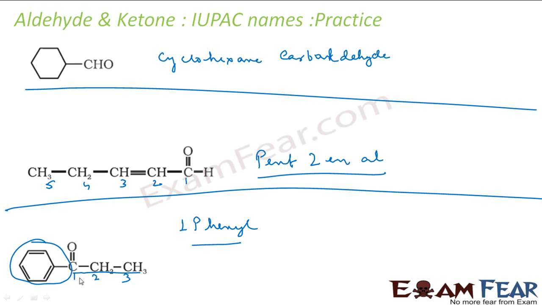Then meth, prop, and then at 1 position I have the one group. So it's all single bond. Propan-1-one. Please note, prop is for 3 carbons, ane for all single bonds in this chain. There is no double bond in this chain. Don't see the benzene, just see this part. There is no double bond, so it's all ane. At 1 position I have the carbonyl group, so 1-one. This is how you name it.